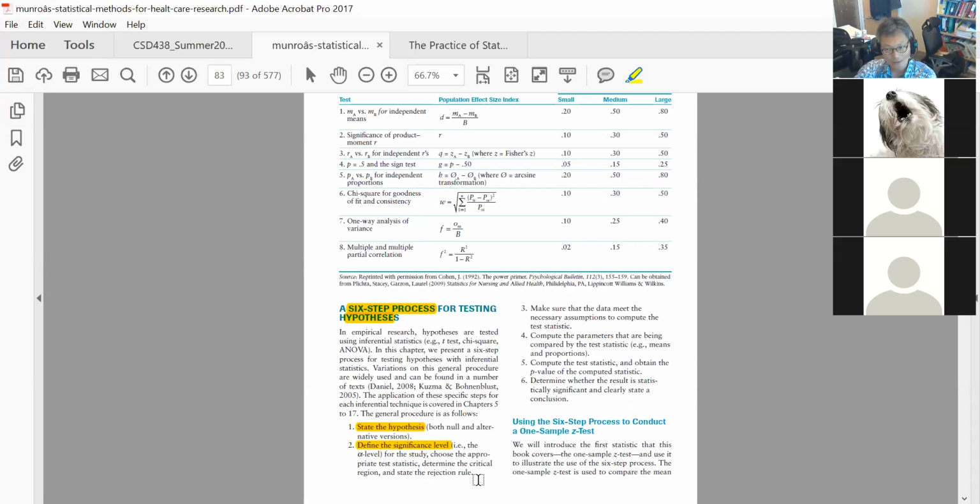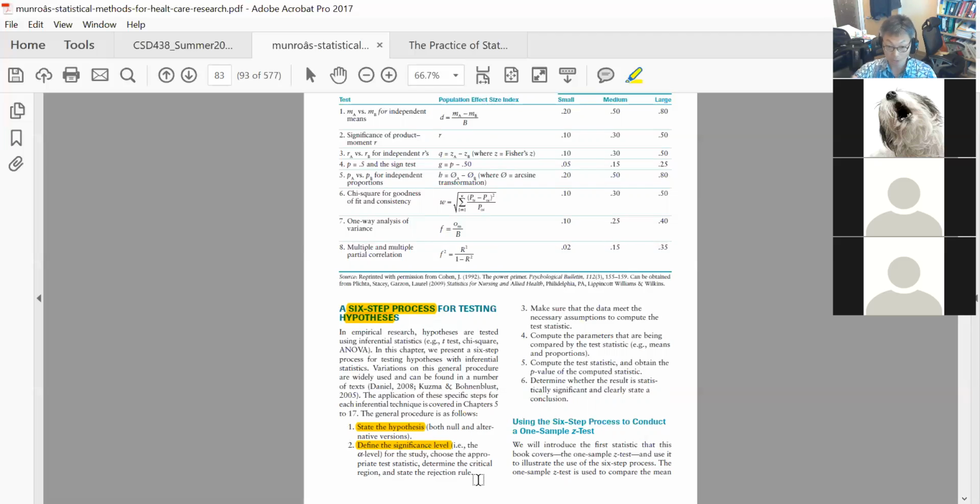Then we have different regions for our distribution: a non-rejection region and a rejection region, right? Falling into the rejection region means we reject our null hypothesis, but if we fall into the non-rejection region, we accept the null hypothesis.